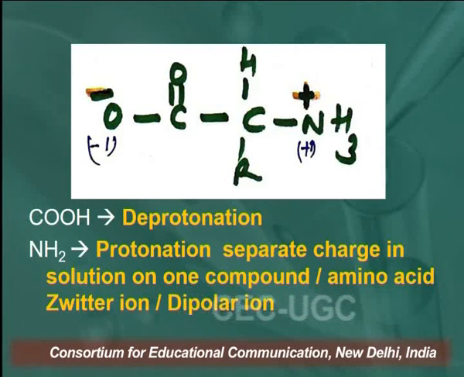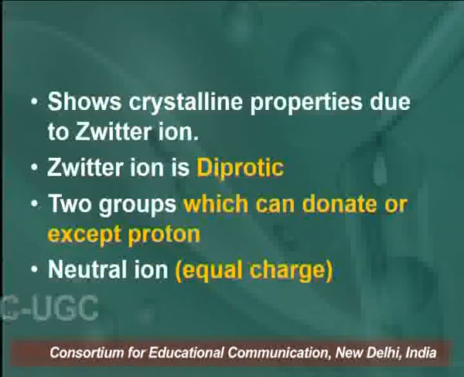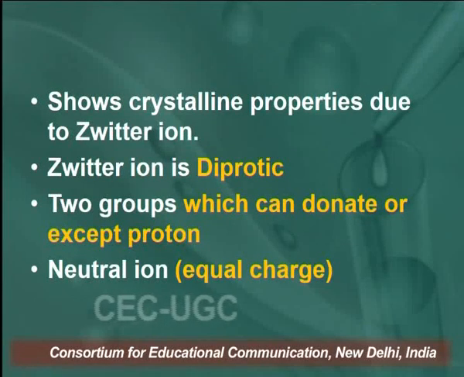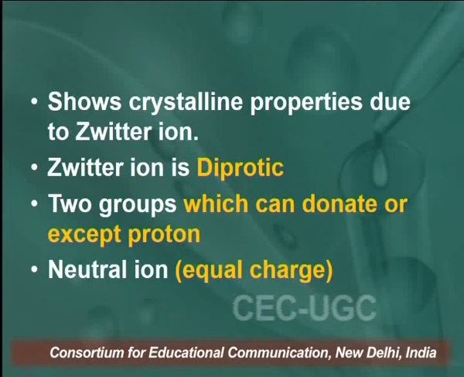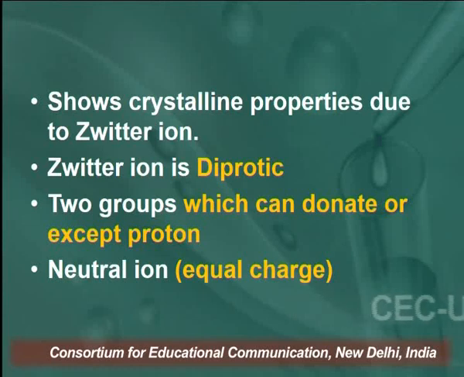So, due to that internal migration, in a chemical way we can say deprotonation and protonation, the amino acid exists as a Zwitter ion. This is a very important characteristic of amino acids, and due to that characteristic it shows crystalline properties, due to the formation of the Zwitter ion.